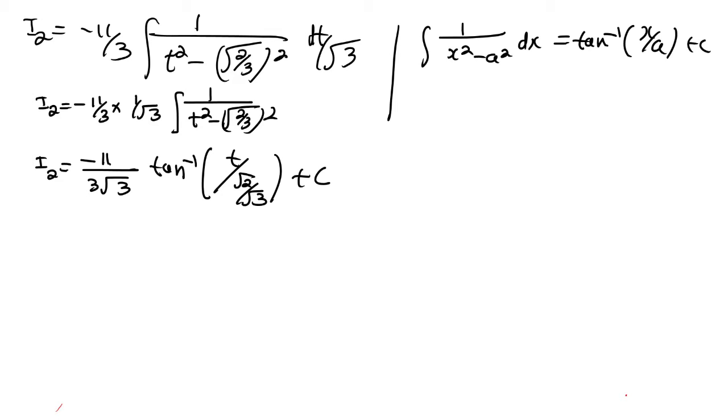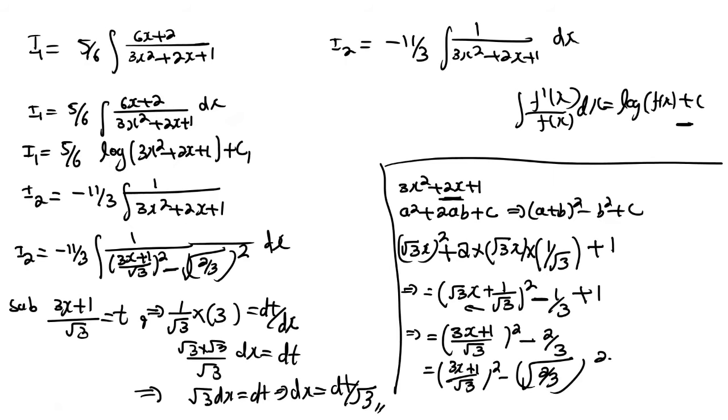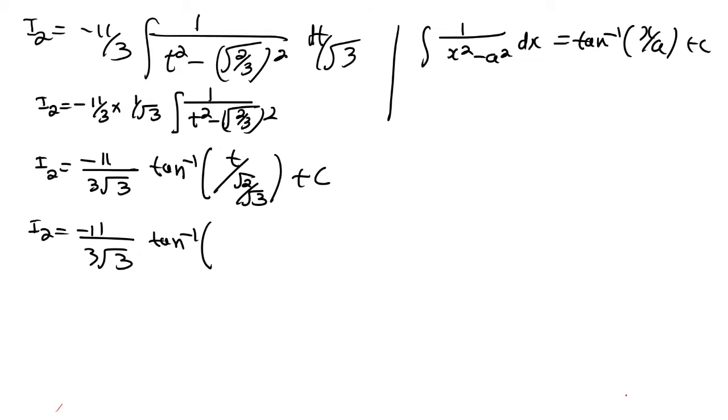Okay, in the next step, I2 value is equal to minus 11 by 3 root 3 into tan inverse of t value. What is t? In the previous case we took t value equal to (3x plus 1) by root 3, divided by root 2 by root 3.